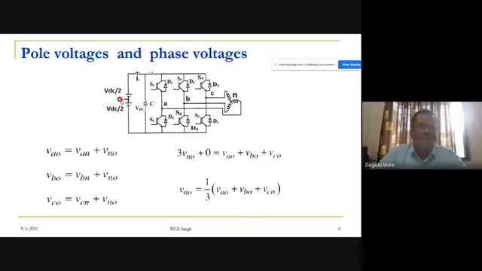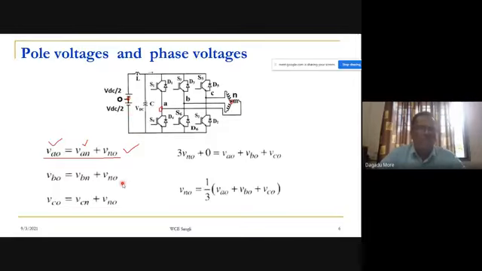Now, how do we represent VAO? VAO, the pole voltage, will be VAN plus VNO, the voltage between N and O. Similarly, we can write the expression for VBO: VBO will be VBN plus VNO.